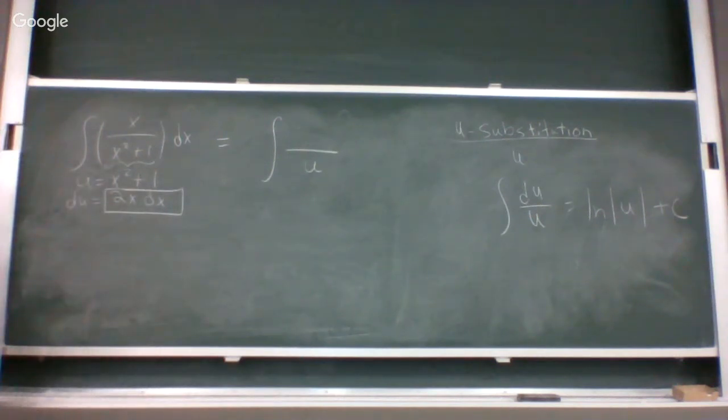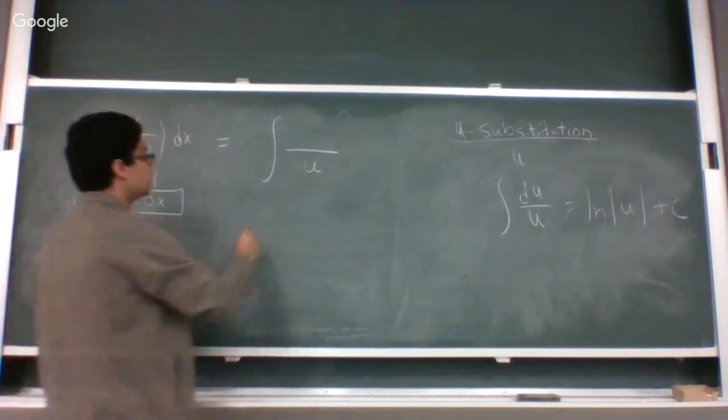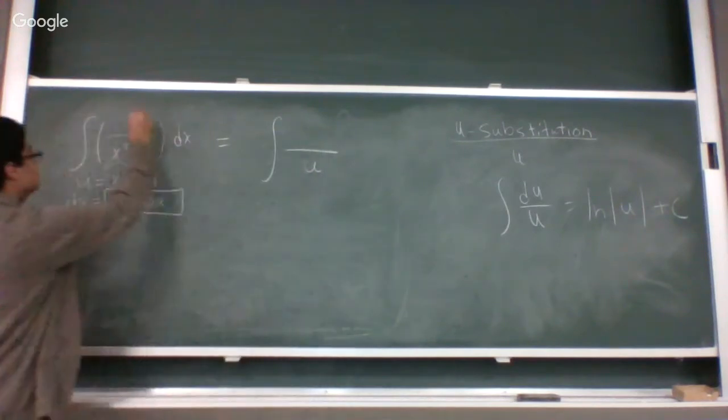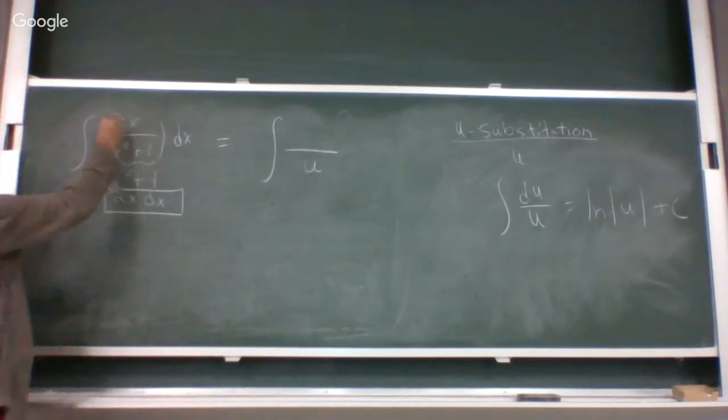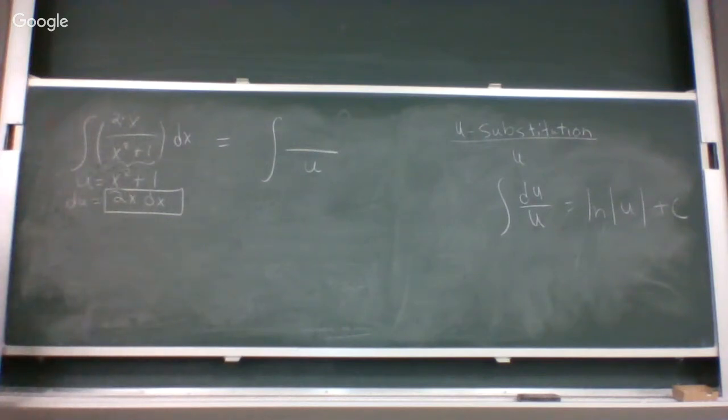So we have x and dx. What do we need to multiply by? If we multiply the top by a 2, then you have to multiply the bottom by a 2, which is the same thing as multiplying by 1/2. So you just pull out that constant. We pull out the 1/2 constant.